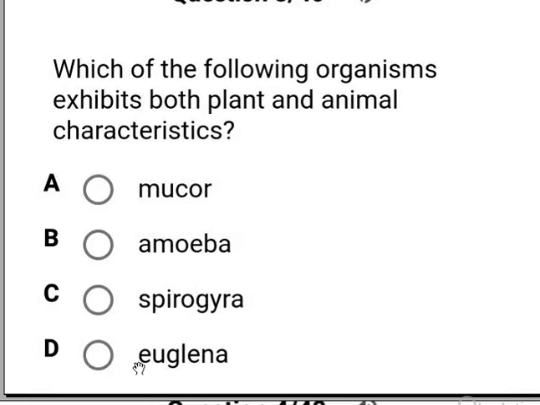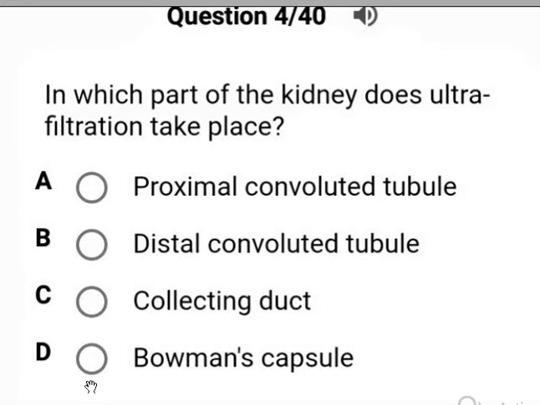Moving to the next question, that is question 4. Question number 4, in which part of the kidney does ultrafiltration take place? A. Proximal convoluted tubule, B. Distal convoluted tubule, C. Collecting duct, and D. Bowman's capsule.